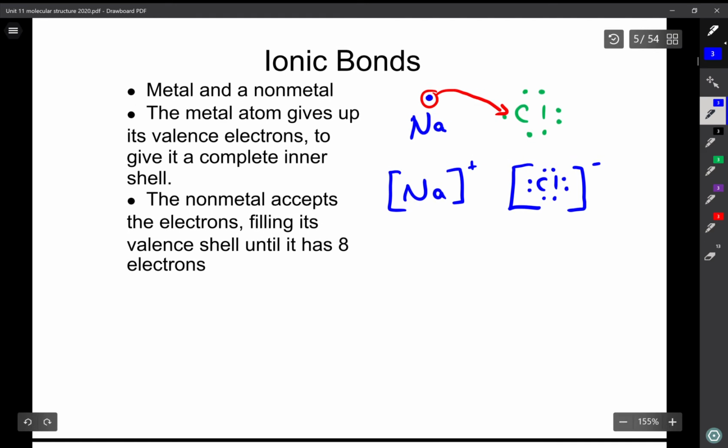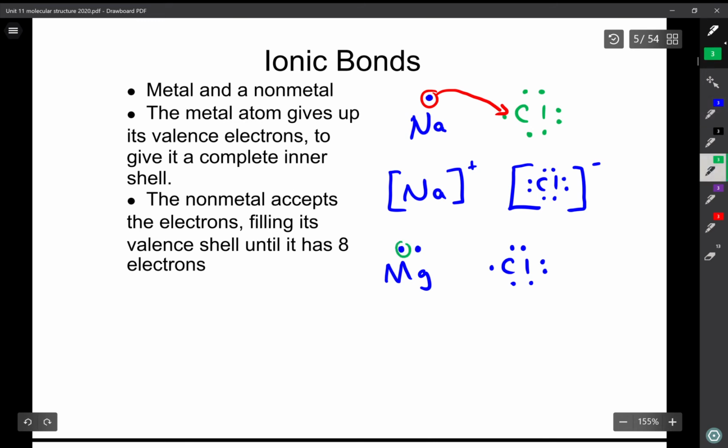Pretty simple. So now, suppose you have elements or ions with different charges. Let's look at magnesium and chlorine. As you know, magnesium has 2 valence electrons, and chlorine again has 7.